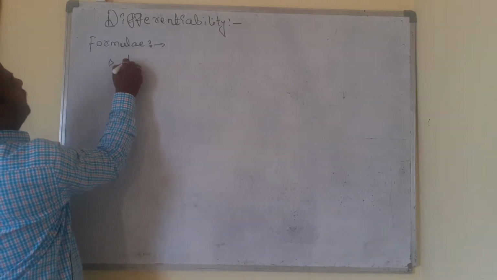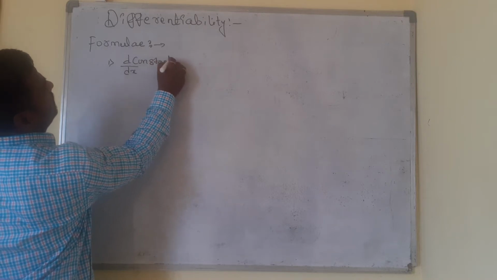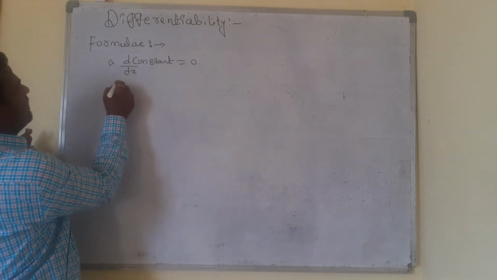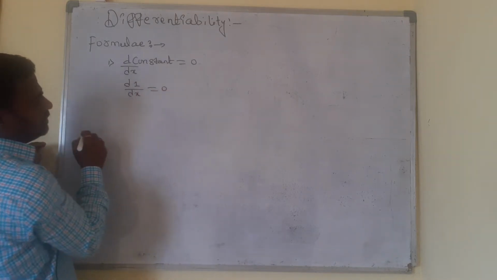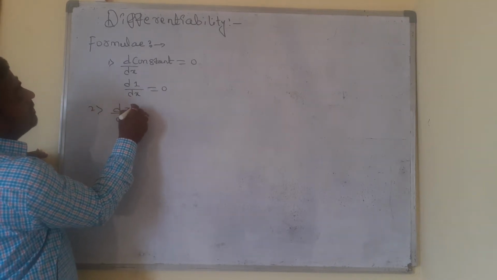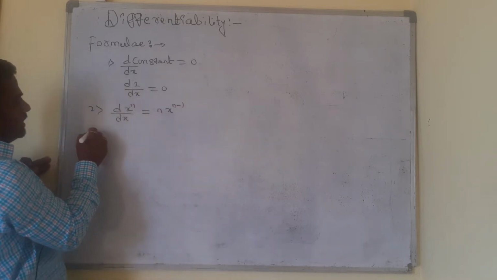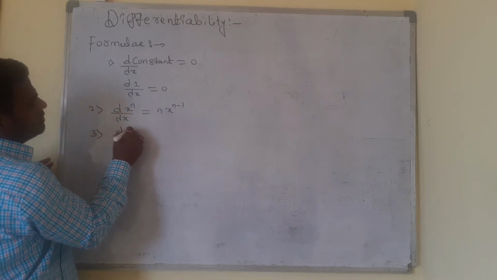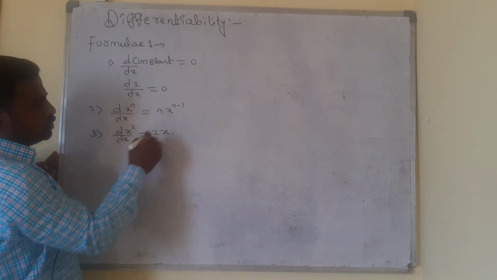First one, differentiation of a constant, d/dx of a constant. Constant means any number. For example, differentiation of 1 is 0. Second, d/dx of x to the power n is n x to the power n minus 1. Another example, d/dx of x squared is 2x, that is, 2 x to the power 2 minus 1.